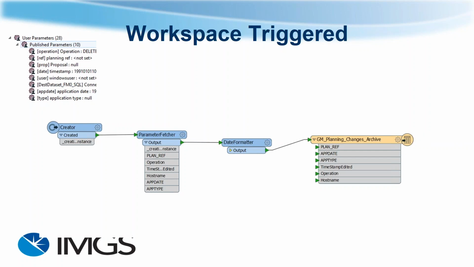So for example, some of these published parameters are actually coming from the server itself. You've got a timestamp here, which is a get date from the server itself. You've got a Windows user, that's a host name function from the server itself. So not everything is coming from the actual data set, but you do have other things like the reference, which is just a column in the data set. So that's also coming through.